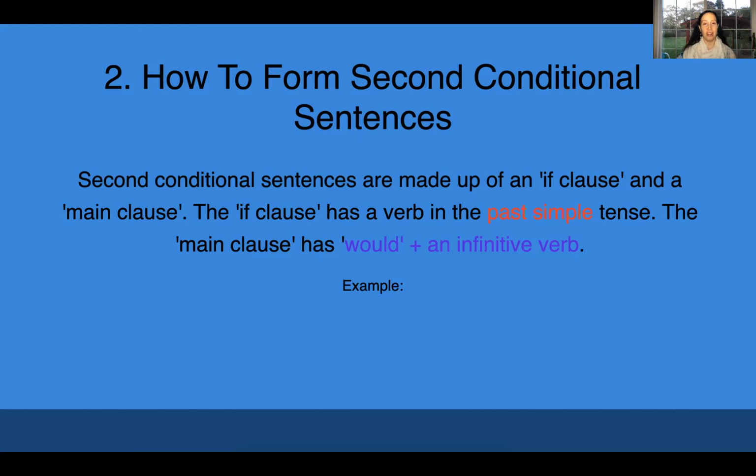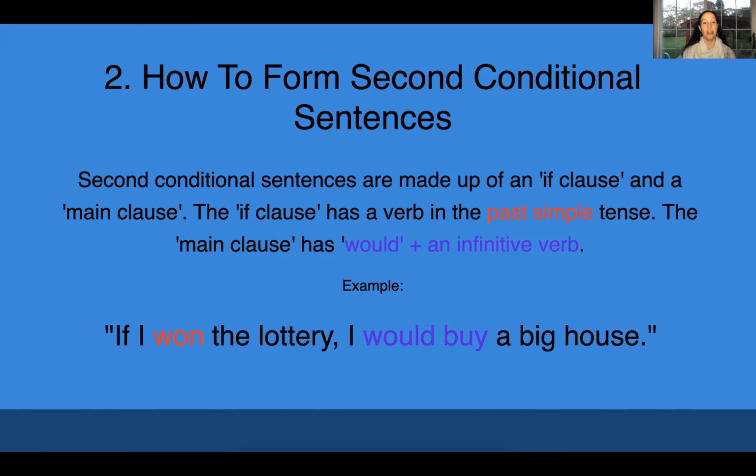An example: if I won the lottery, I would buy a big house. So here is your if clause. This is your main clause. In the second conditional, we have the past simple tense with the if clause, and the main clause is the would, because that's your future, and your infinitive verb.